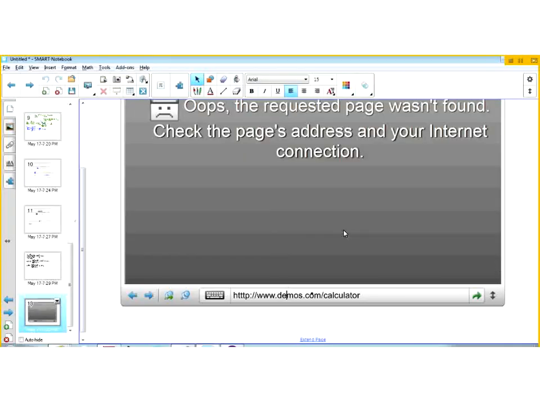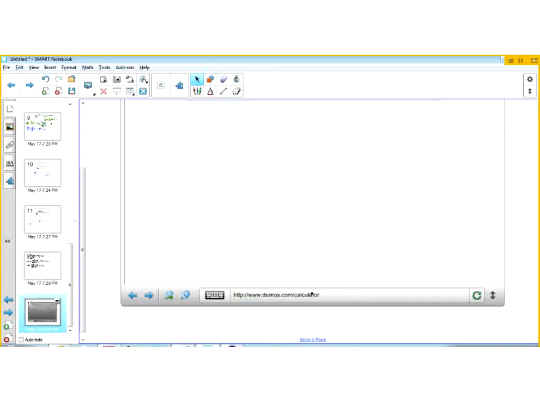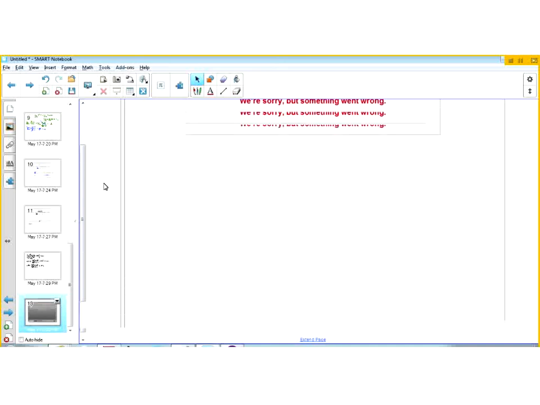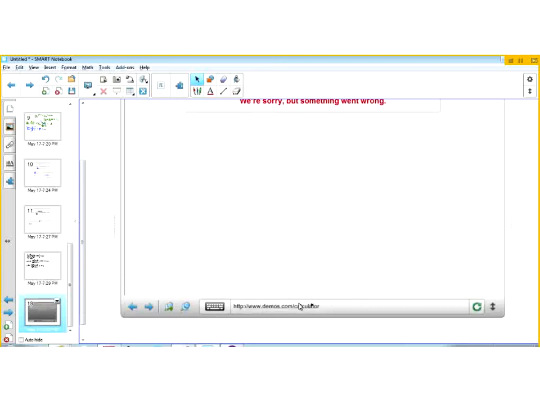Oh, I have too many T's, I see. 2 T's, right? Okay, so let's try that. There we go. Try it again. And let's type the URL. It's http://desmos.com/calculator.